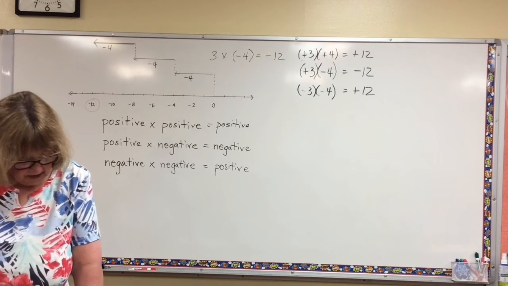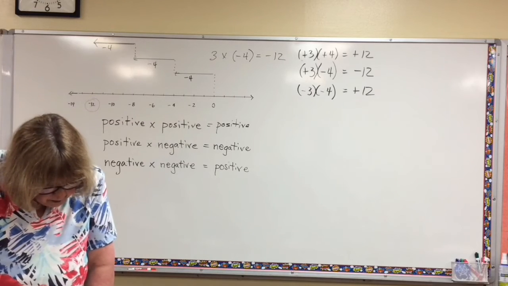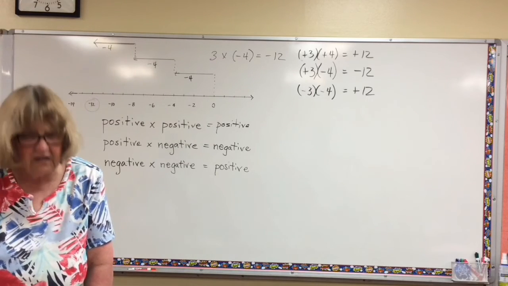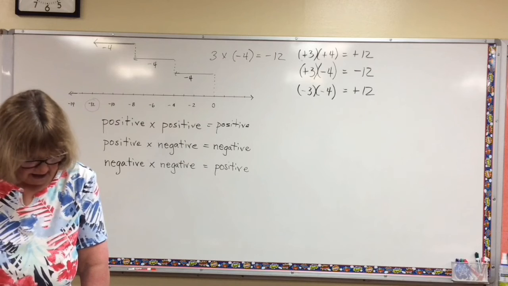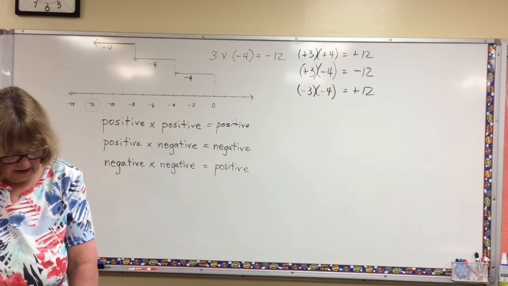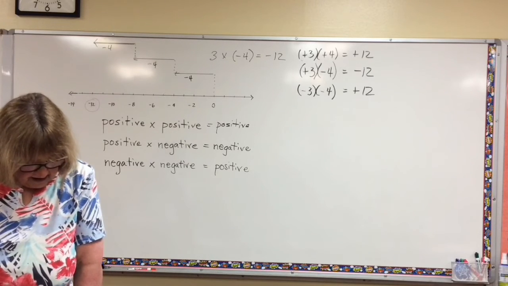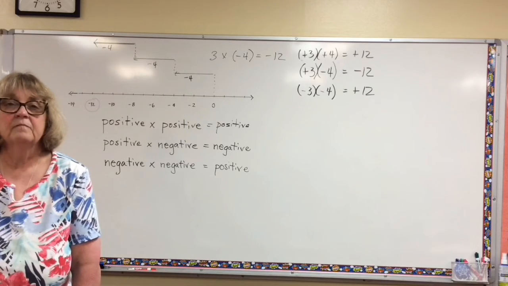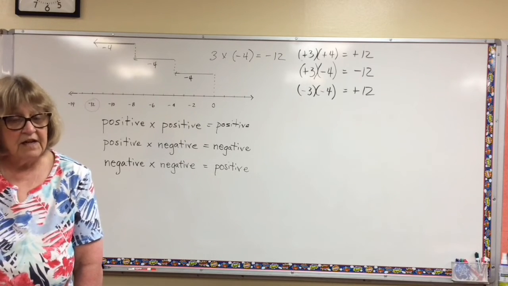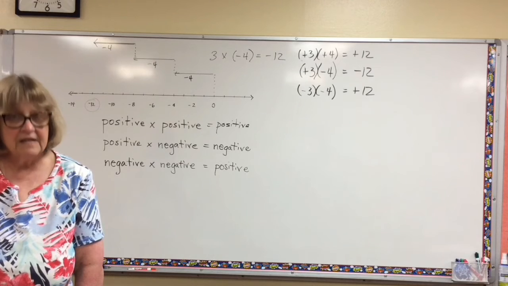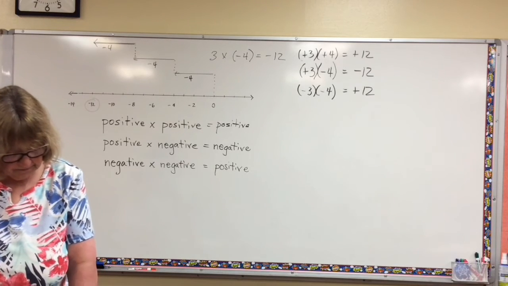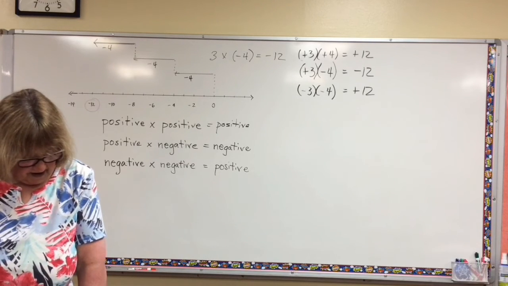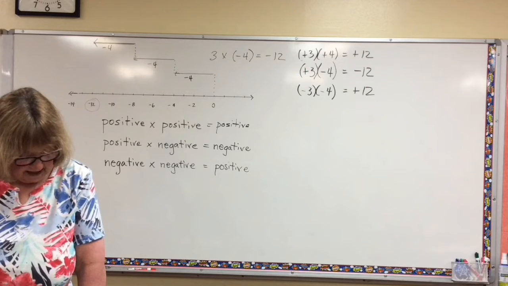Positive 2. C, 8 times negative 4 is 32. There's a negative factor, so the answer is negative 32. D, 8 divided by a negative 4. Well, one factor is negative, therefore the quotient is negative. Negative 2. E, negative 8 times positive 4 is negative 32.